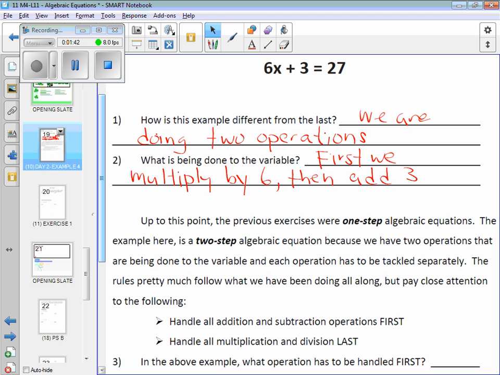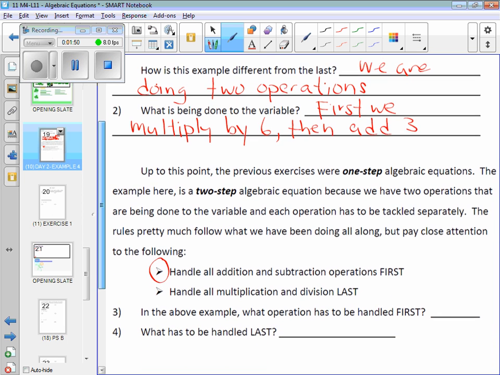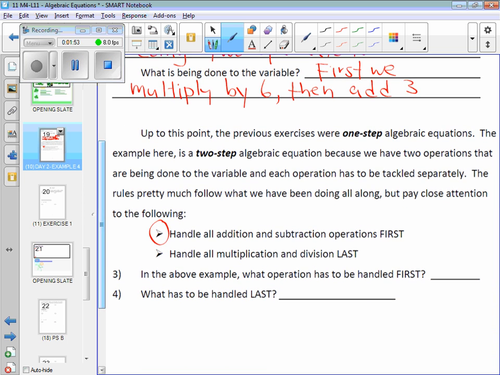The way we're going to tackle it when we do our railroad tracks is first you take care of any addition and subtraction. You undo that inverse operation first, and then take care of all multiplication and division last.